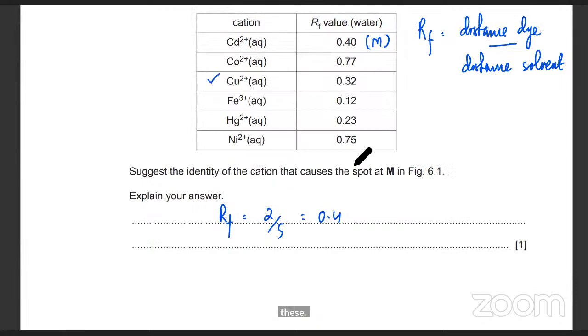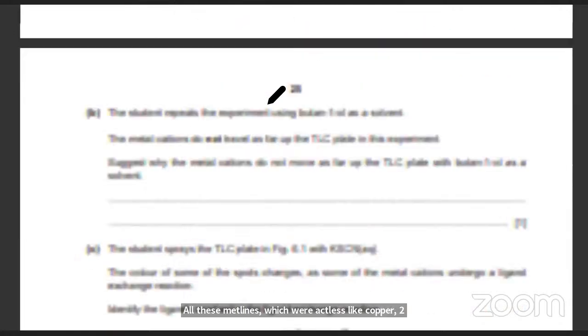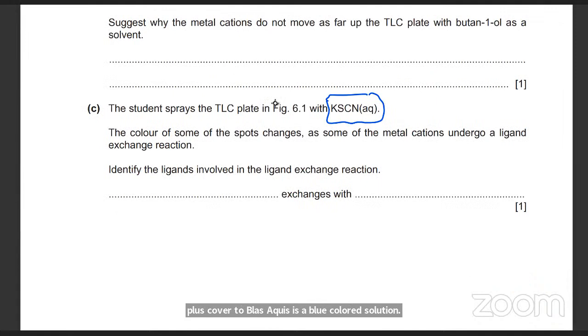Copper 2 plus aqueous is a blue colored solution. So previously you had copper surrounded by water molecules. That was the complex formed when copper 2 plus was aqueous. But now what kind of ligand does KSCN have? It's got CN minus 1.